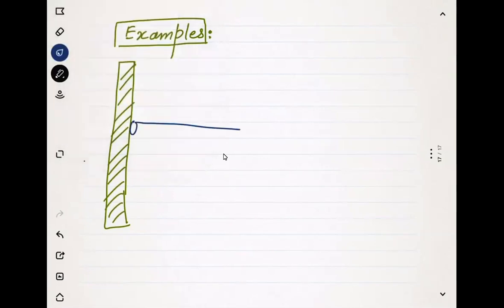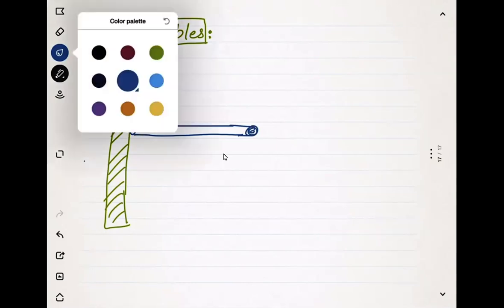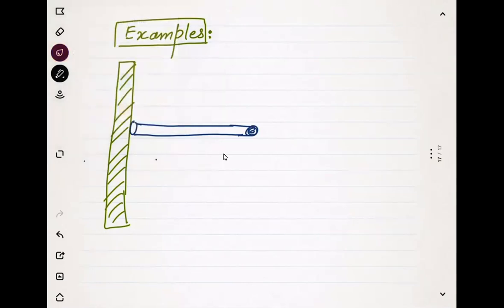The rod is right here. In this example, the rod is horizontal, and assuming that the rod is uniform, it is supported by a rope. This is the rope.